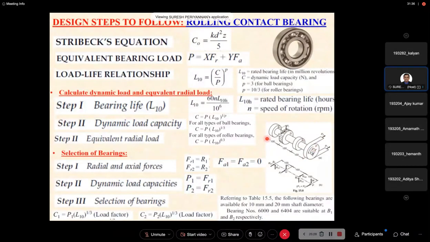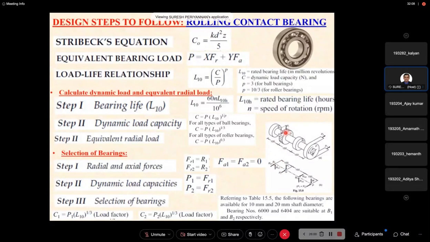These are the distances where the bearings are located along the shaft, and where the gears and pulleys are located, already given. Here the ball bearing acts as a support as well as allowing the free rotation of the shaft.